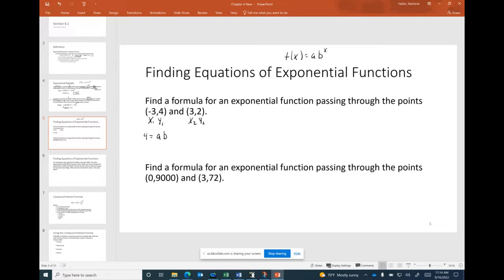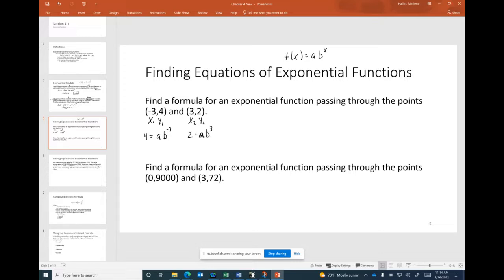That's what I'll call b. I don't know what that is in this case, so let me just leave that as b, but I do know what the x is. It's -3. Now the second one, I can write part of a function here too. I can also say that 2 equals a b to the 3rd power.